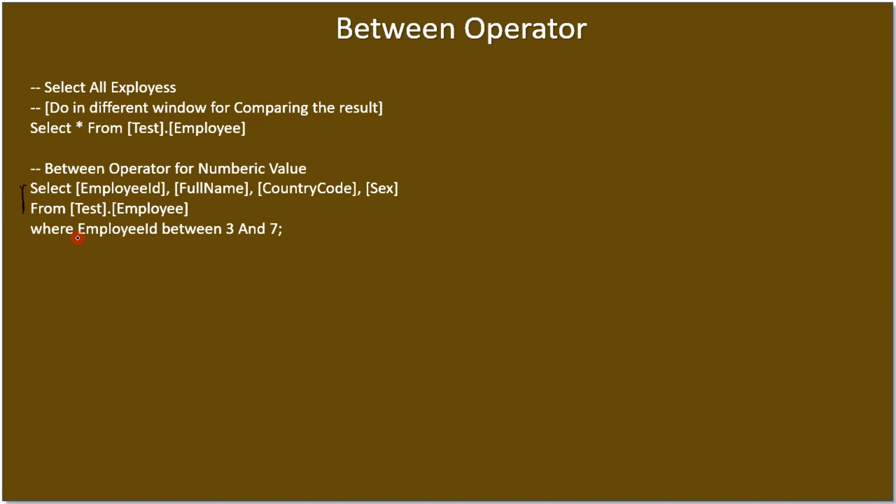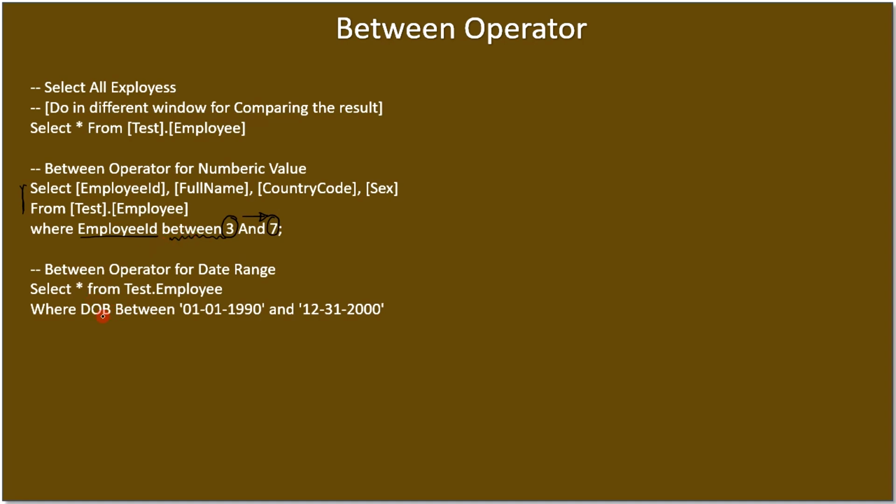Here, if you see in the where condition, we specify employee ID between, so this is the operator we are using, between 3 and 7. So here we are specifying the range. If employee ID falls between 3 and 7, pick all those records and display them. So that's the meaning here.